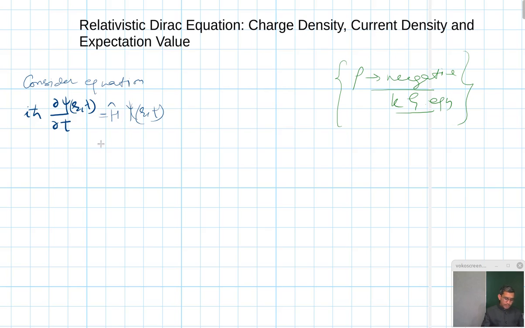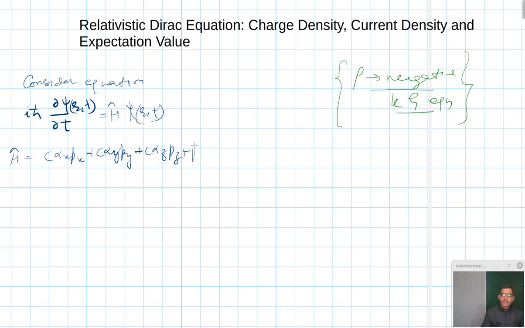Also we know that H is c alpha x px plus c alpha y py, as we have discussed in the earlier lecture, plus c alpha z pz, right?